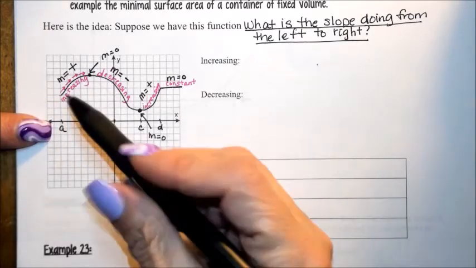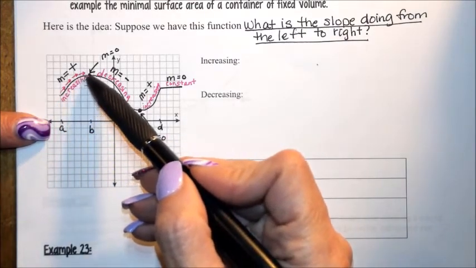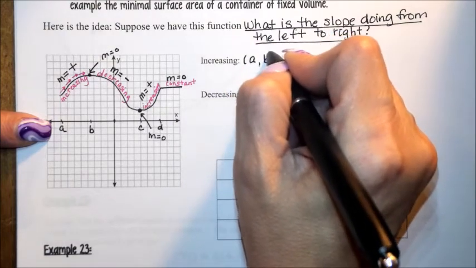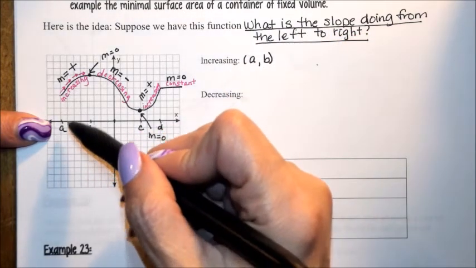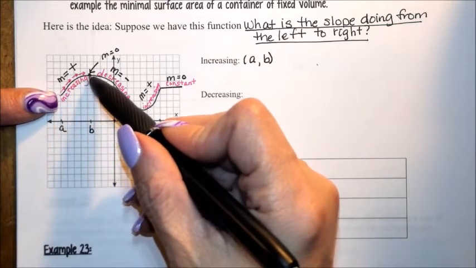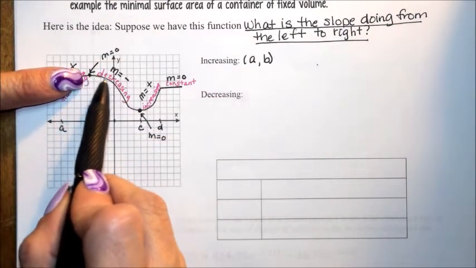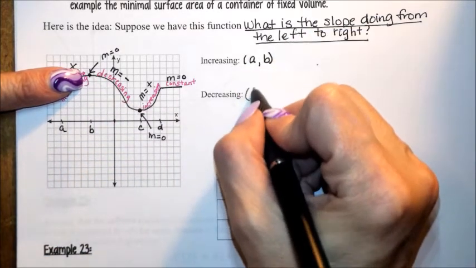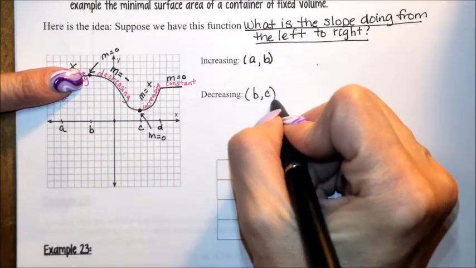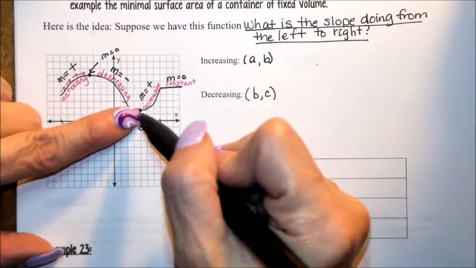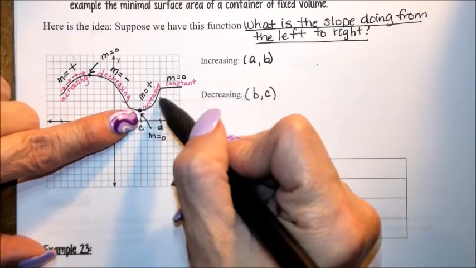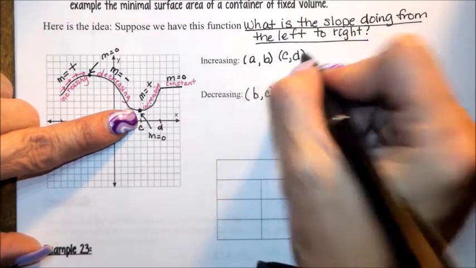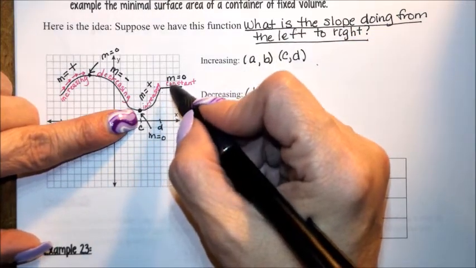So when I talk about the interval A to B, and I'm going to do the open interval, from A to B, I would say my function is increasing. What about from B to C? It's going down, so from B to C, it's decreasing. But then from C to D, it's going up again. So from C to D, it is increasing.